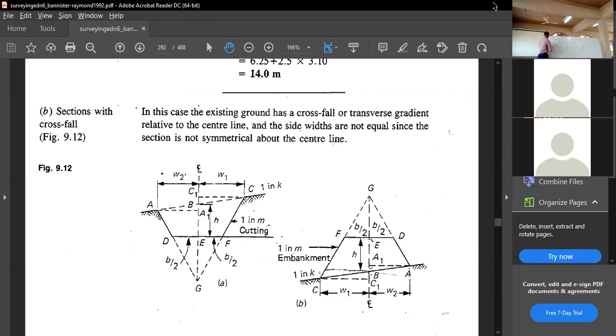So W1 is not equal to W2. As in the first case we had a level ground, but here we have different widths, so we now lose the symmetry. And H will be somewhere up here.